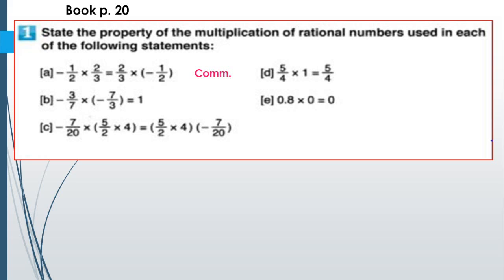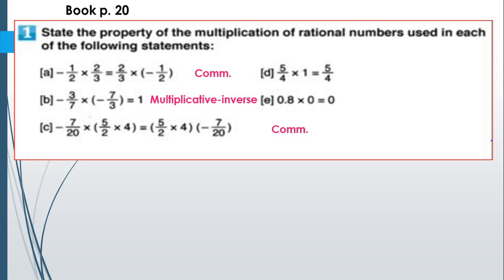Another one, negative 3 over 7 times negative 7 over 3 equals 1. It's a multiplicative inverse, yes. Negative 7 over 20 times 5 over 2 times 4 equals 5 over 2 times 4 times negative 7 over 20. It's commutative.